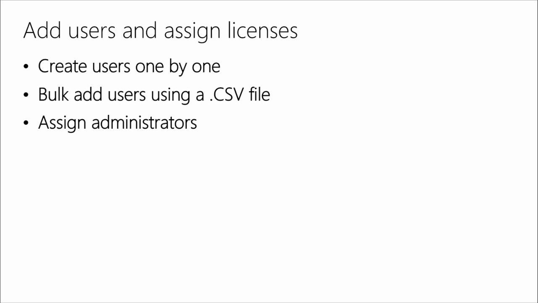And so we have the ability to bulk add users using a CSV file. You can create a comma separated values file with a username in there, the first name and all the contact information, and then upload that file into Office 365, and it will then automatically create those users for you. So that's a nice option for bigger organizations.